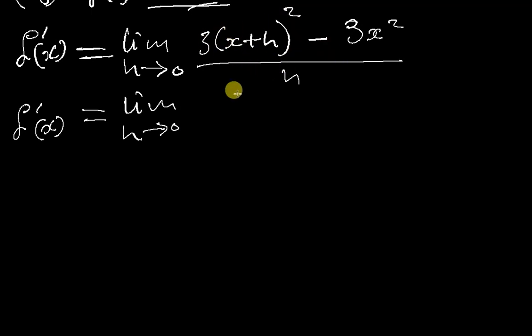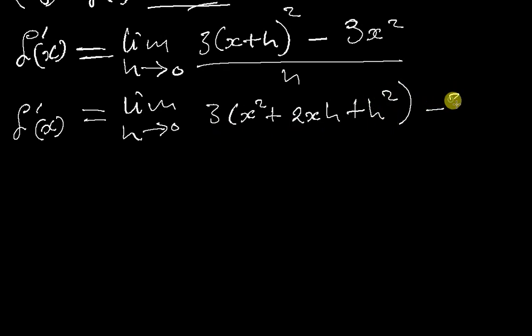We can simplify this part: x times x gives us x squared, and then this gives us 2xh, and then plus h squared. Then we have minus 3x squared, then everything divided by h.